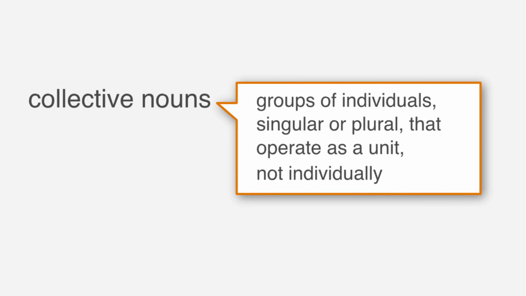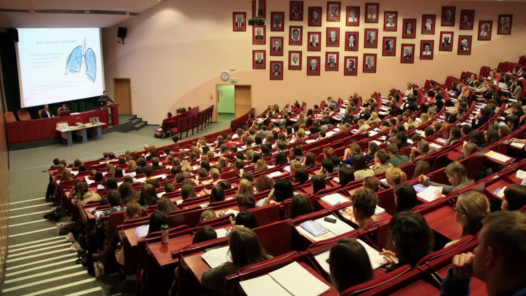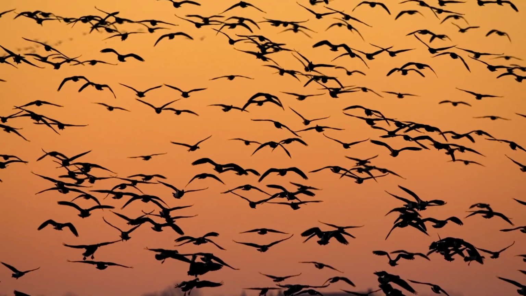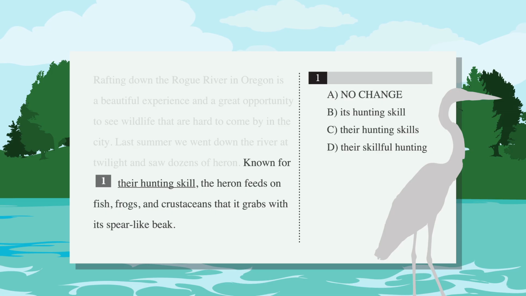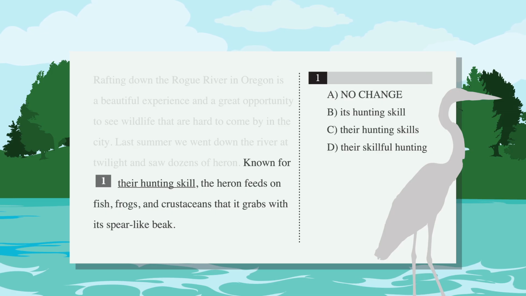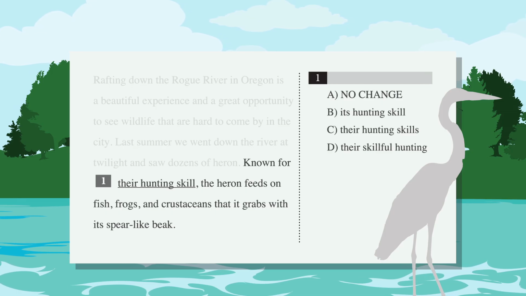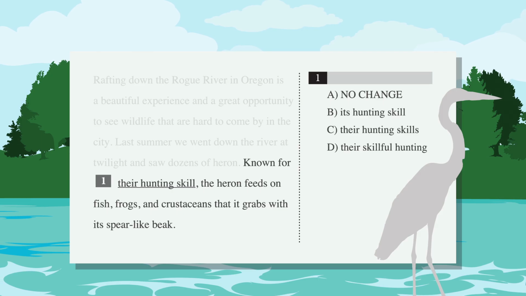Collective nouns are groups of individuals, singular or plural, that operate as a unit, not individually. For example, a class of students or a flock of birds. Let's take a look at how this might show up on the test. Known for their hunting skill, the heron feeds on fish, frogs, and crustaceans that it grabs with its spear-like beak.